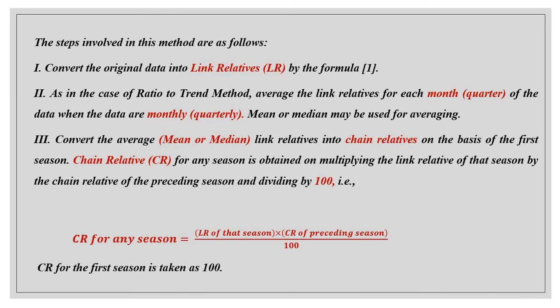Chain relative or CR for any season is obtained by multiplying the linked relative of that season by the chain relative of the preceding season and dividing by 100. That is, CR for any season is LR of the season into CR of the preceding season divided by 100. CR for the first season is taken as 100.